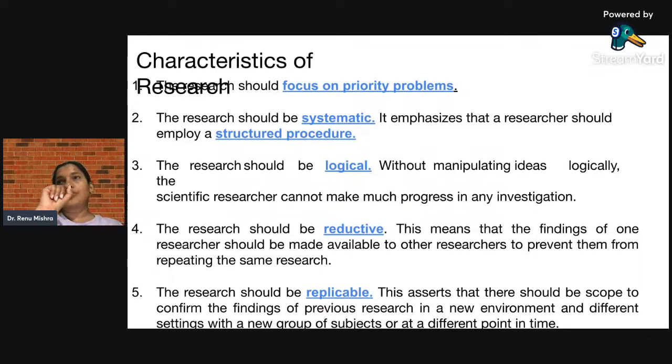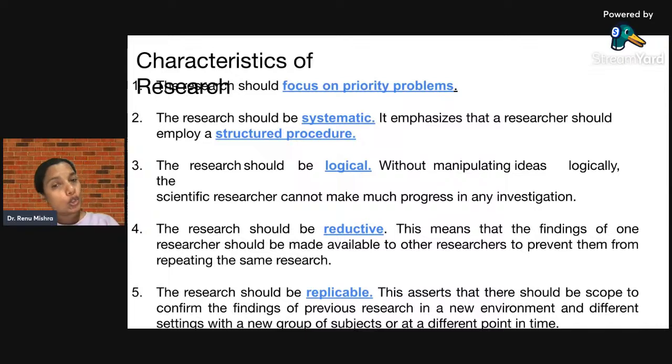So if you want to say something, let's say how much time students invest in studies reflects on their grades, either you should have literature, that means any other author should have said this, or your own data should support it. Any statement in the air does not count as research.